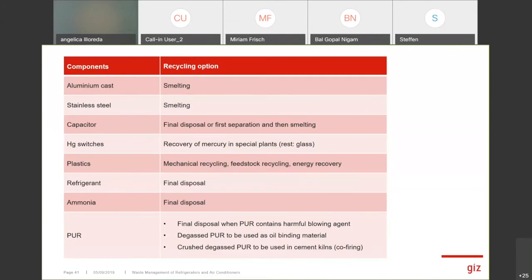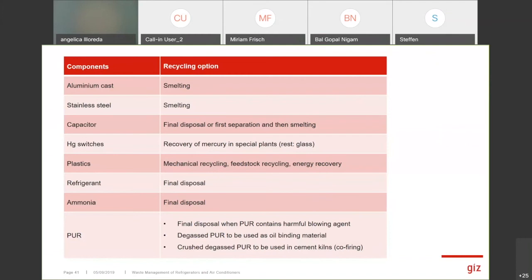For the plastic components, we have mechanical recycling, feedstock recycling, and energy recovery. The refrigerant goes for final disposal, or theoretically for reclamation if it was recovered by separation of the different types of refrigerant.